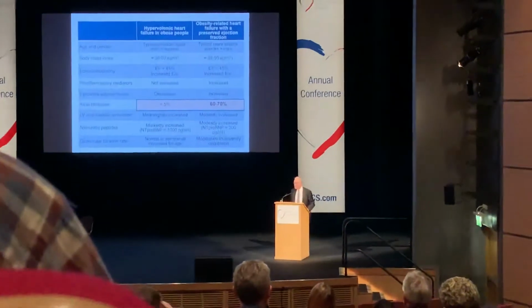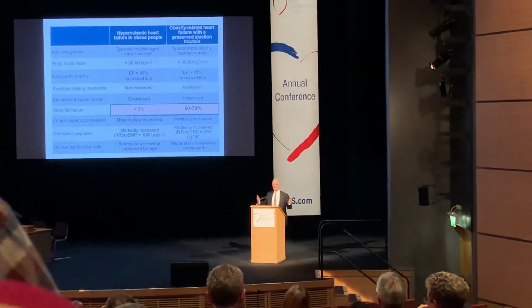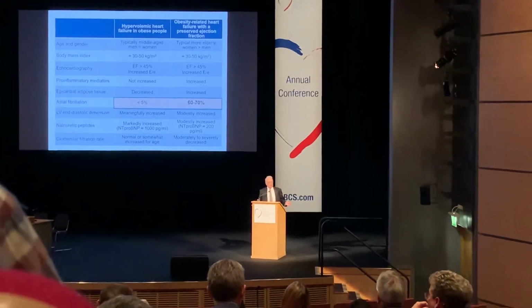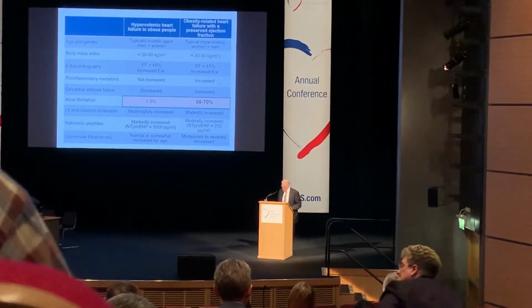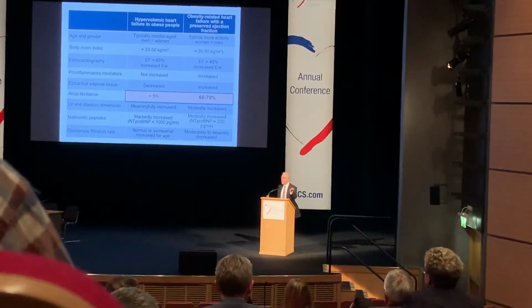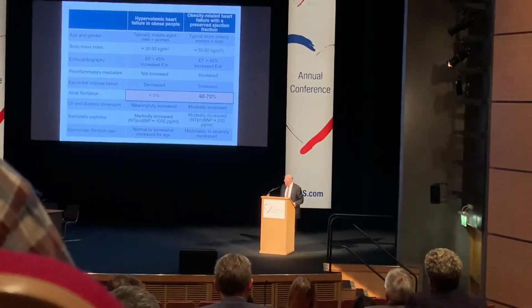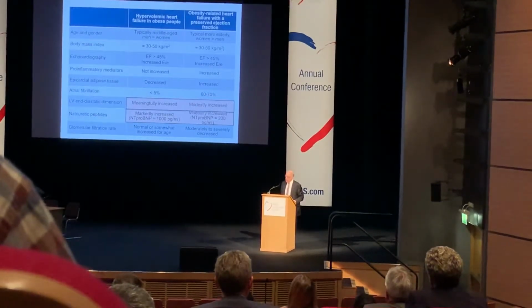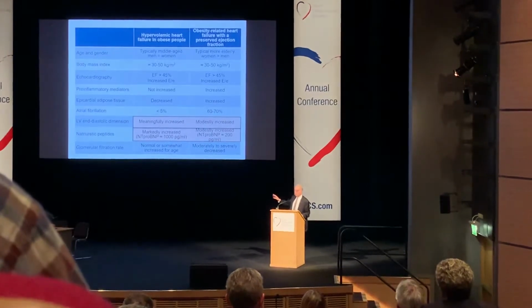Those on the left are volume expanded, and because they're volume expanded, cardiac volumes are increased and their natriuretic peptides are increased, maybe not as much as one might think because they are obese, but this is very different than what you see on the right.